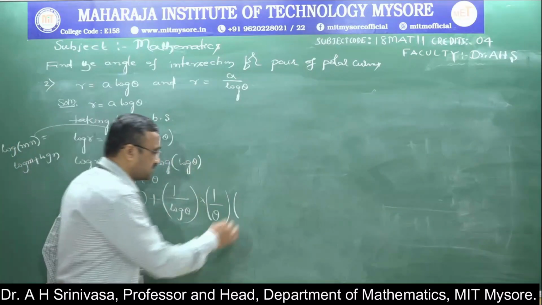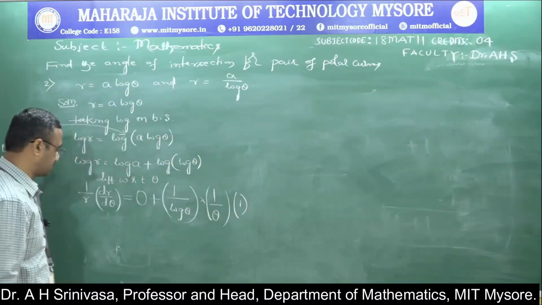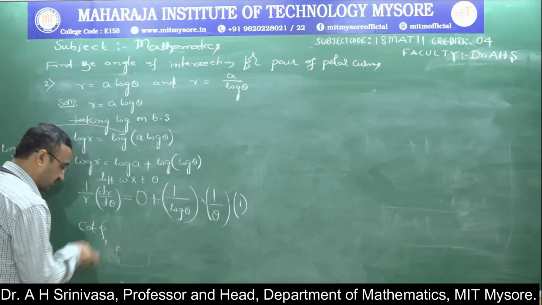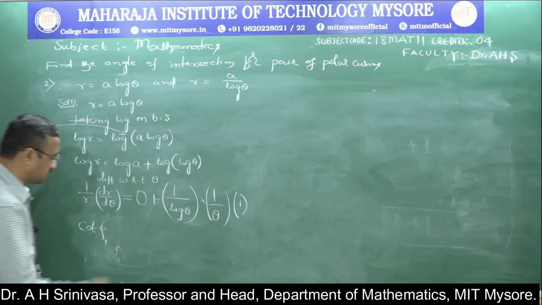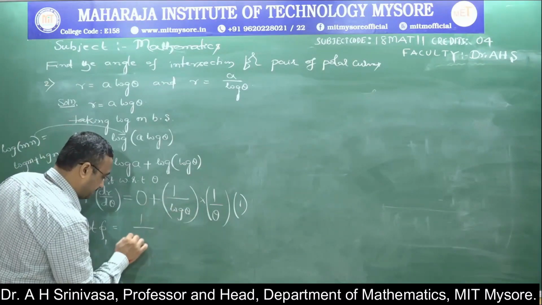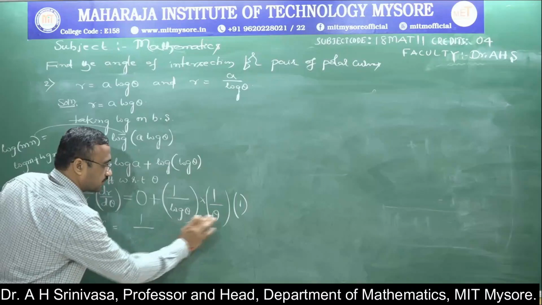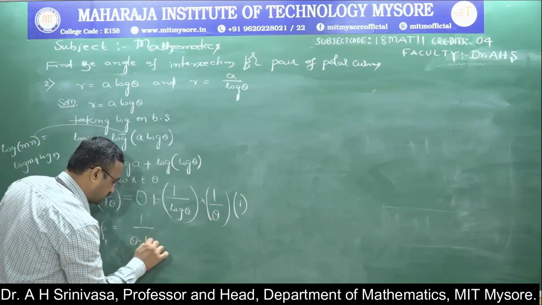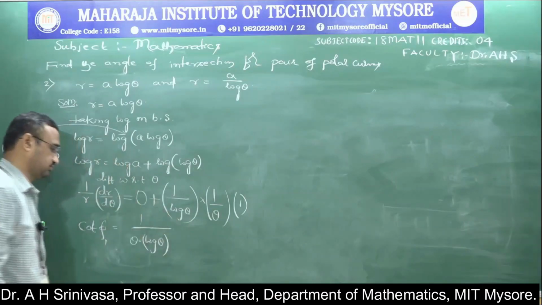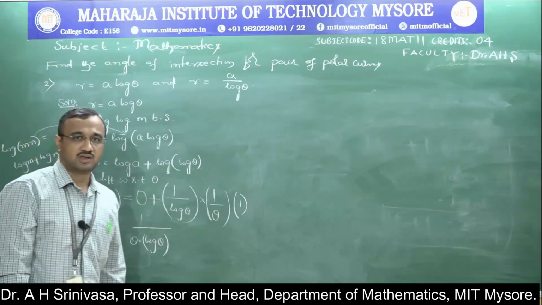To simplify, cot phi 1, you can call this cot phi 1, should be equal to 0 plus 1 by the product of theta into log theta.